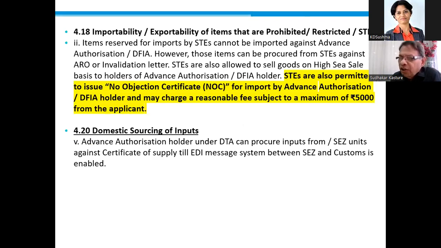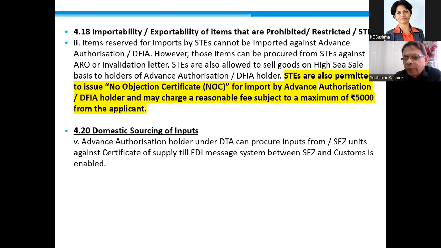Importability, exportability of items that are prohibited or restricted. Prohibited items are not allowed. Restricted items are allowed. That's the second point that we must remember. Third point, which is critically important, that is added here, that is state trading enterprises.